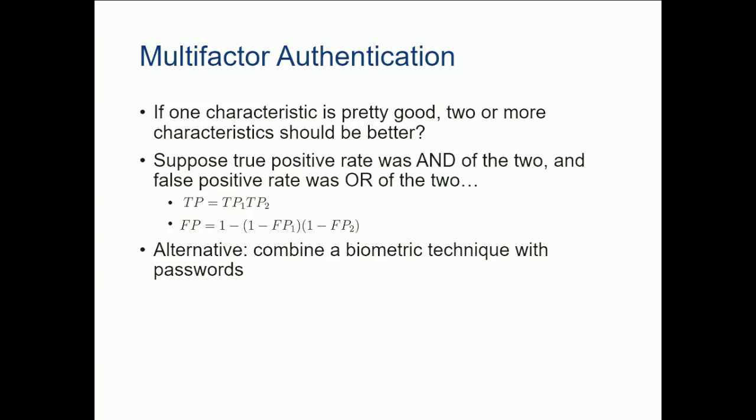So in practice, if we combine two authentication systems using the AND rule, then as we can see, this false positive rate will decrease. And this true positive rate will also decrease.